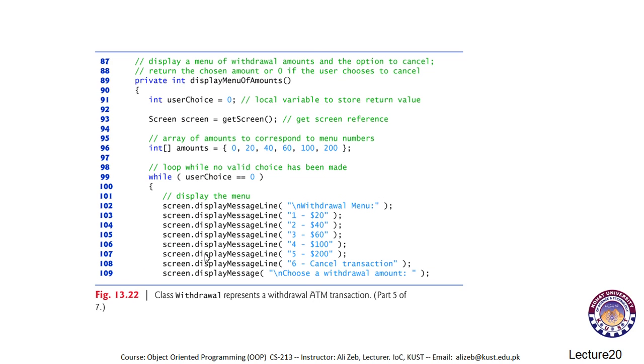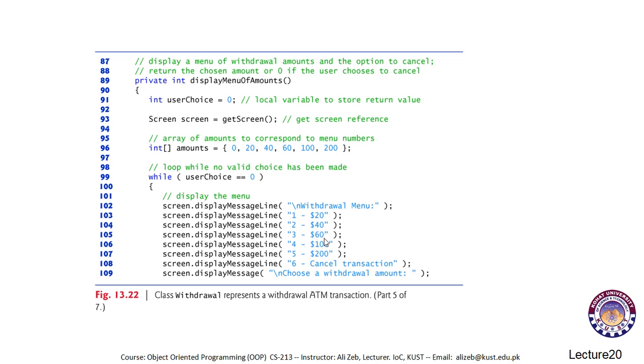The menu amounts are what we display on the screen. The user can choose from one of these options. We can modify this method, for example, if you want to make it for rupees, you can modify this method accordingly. But what it ensures is that the user selects from a menu of banknotes that the user can withdraw. And this is usually the case whenever we use an ATM.